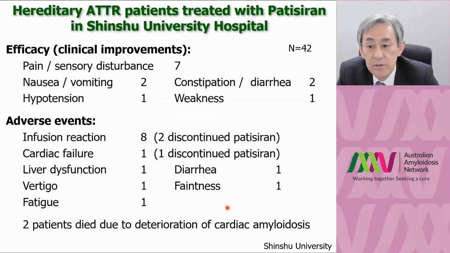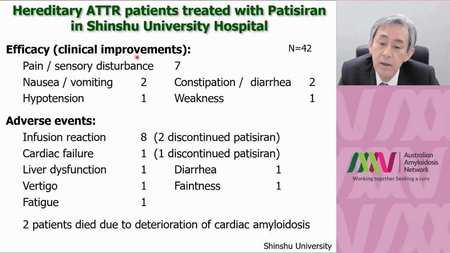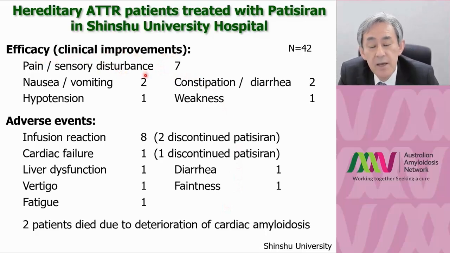This slide shows efficacy and adverse events of patisiran. 7 patients had improvement in pain and sensory disturbance, and 5 patients had improvement in autonomic dysfunctions such as nausea, vomiting, constipation, diarrhea, and hypotension.